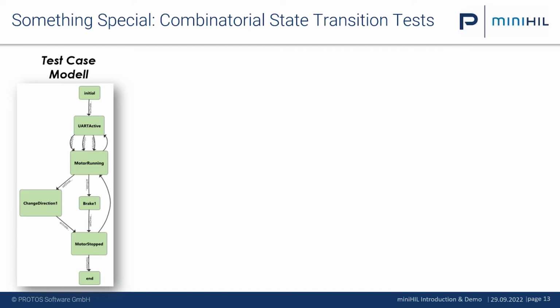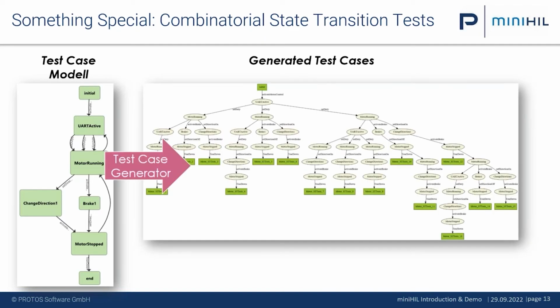And for every path from initial to end, a test case is generated. Depending on the metrics you define, you get more or less test cases. So basically what we do is we generate one test case for every path from initial to end to have a complete coverage here. So every path through the system is one test case.